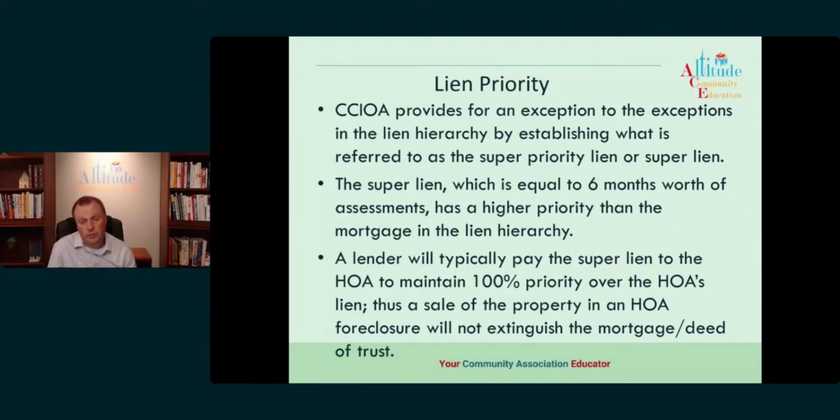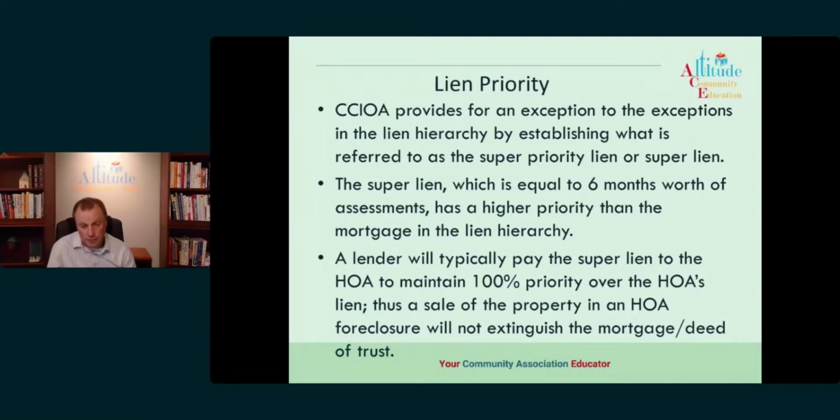Association files its foreclosure for say $10,000 or whatever it is, $20,000. The bank never files anything, so the association is foreclosing from the super lien down. In theory, the association's foreclosure would wipe out that bank's $500,000 mortgage. Now, whether that's equitable or not is in question, and in different jurisdictions there have been rulings as to whether the association really can do that or not. But if you're just reading the law, it would wipe them out.